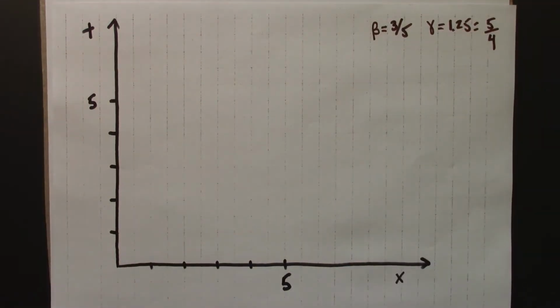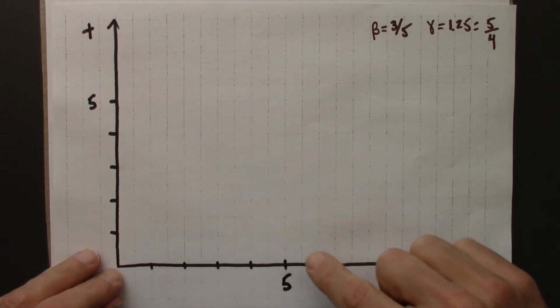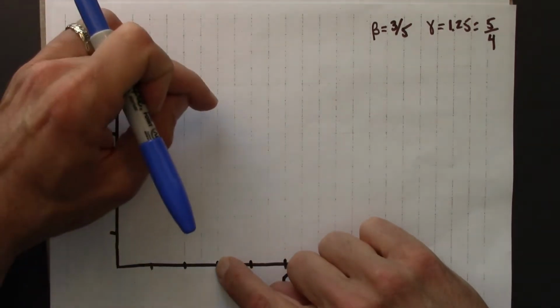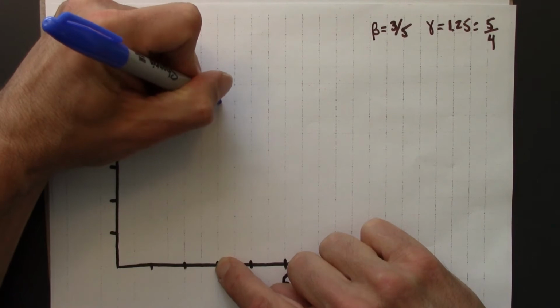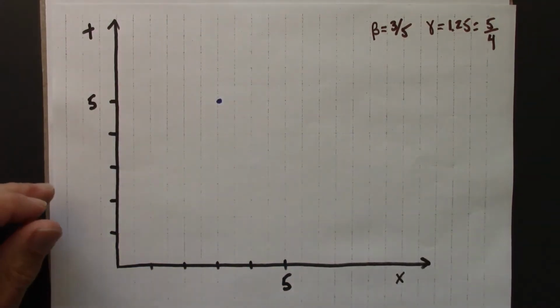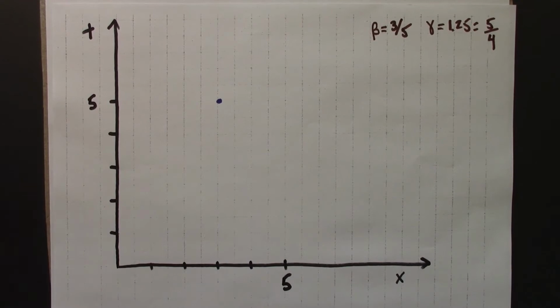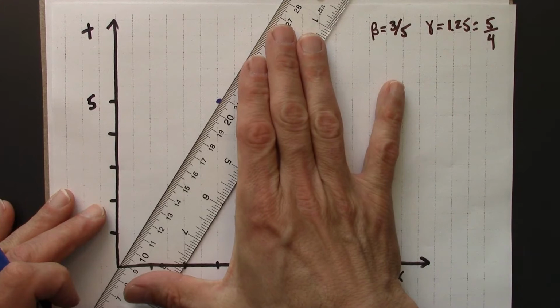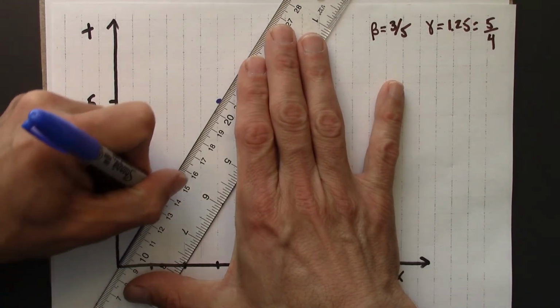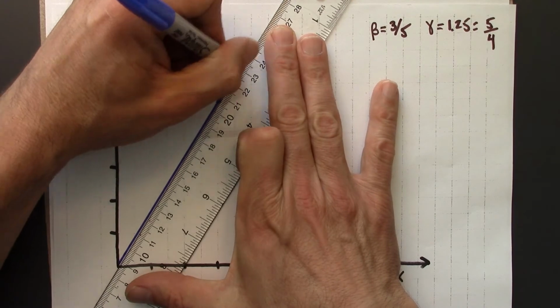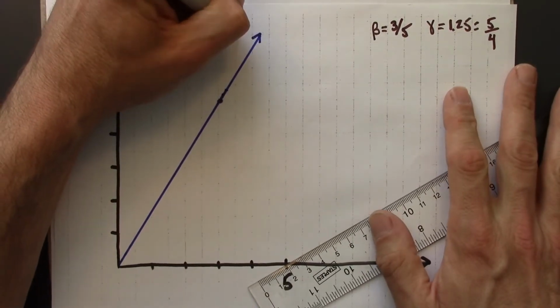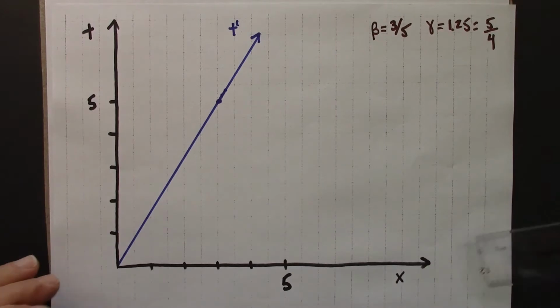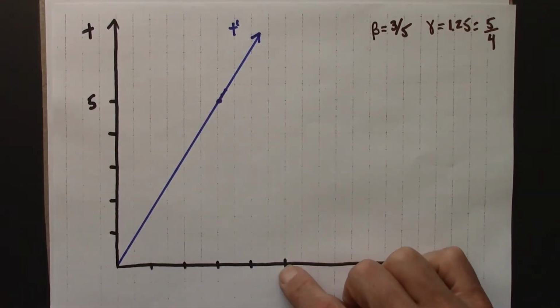All right, so we'll start by drawing on the primed axes. The time axis is going to be 3 and 5. Maybe I'll use a ruler for this, just to be a little more careful. All right, so there's my t prime axis. And then my x prime axis is going to have a slope of 5/3.